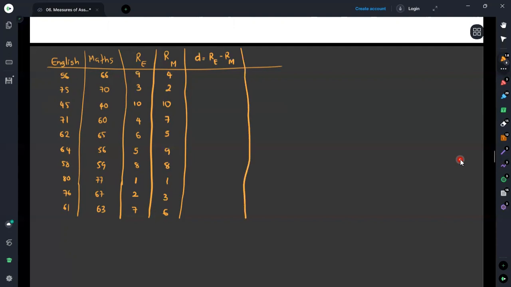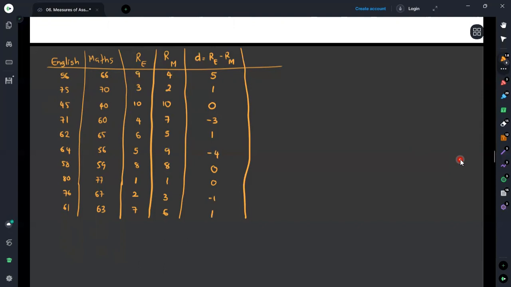Here I am getting the value for d as 9 minus 4, it is 5, 3 minus 2, 1, 10 minus 10, 0, 4 minus 7, minus 3. Then here we'll get 1, minus 4, 0, 0, minus 1 and plus 1.